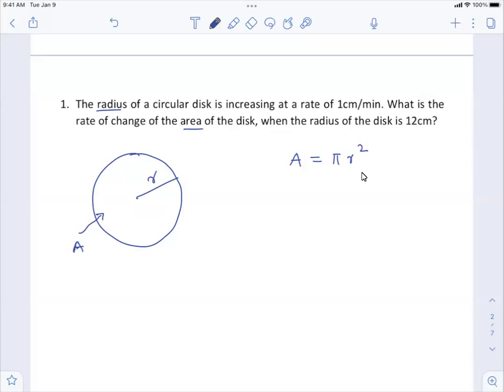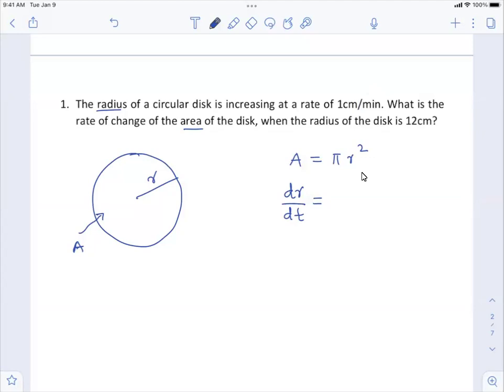Now, that is the connection between the area and the radius. And then let's try to mathematically write down the given information. The radius of the circular disk is increasing at this rate. That simply means if you consider dr/dt, because we know the rate of change is none other than the derivative. So here you consider the derivative and the independent variable is time, that we can figure out from the context.